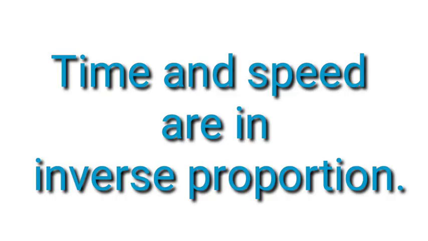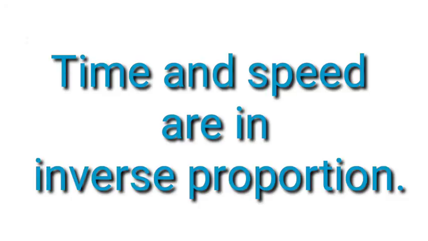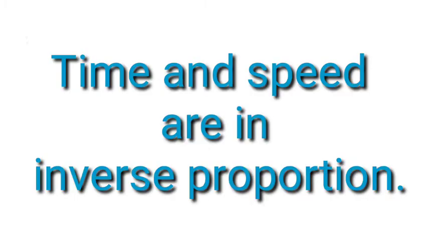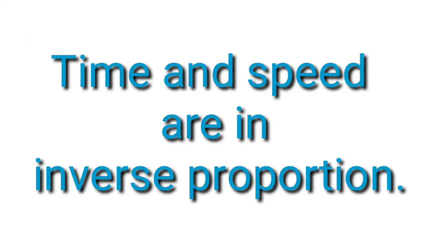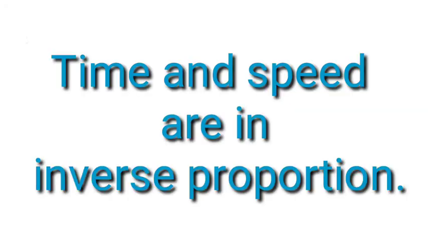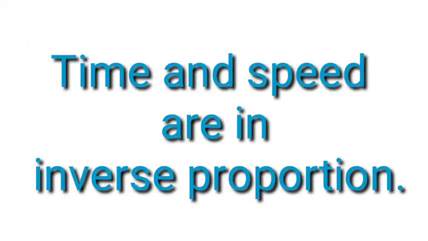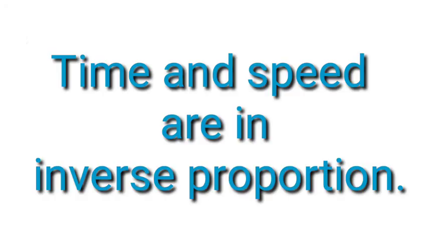Let's go to the second example. Suppose I have to cover a certain distance, that means I have to go from here to there, and for that I'm going by car. Now if I increase the speed of the car, then the time required to cover the distance will be less. When I decrease the speed of the car, it takes more time.